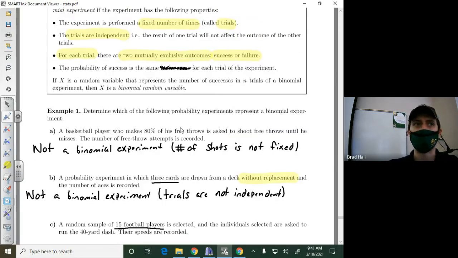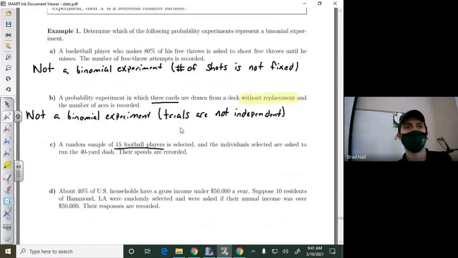Are the trials independent? 15 different people. Consider the repercussions of saying they're not independent. If they weren't independent, then if one person ran the 40-yard dash, that speed would affect another person who ran the 40-yard dash.